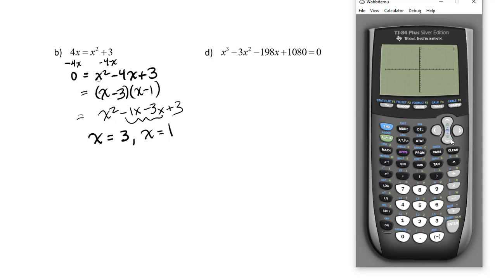Graph it and see what we come up with. Let's see if zoom fit will help us with this, because this looks like a very large scale graph and we're only seeing one line.